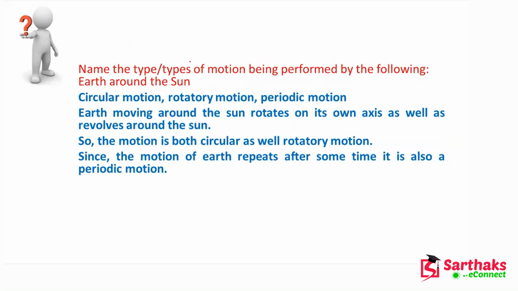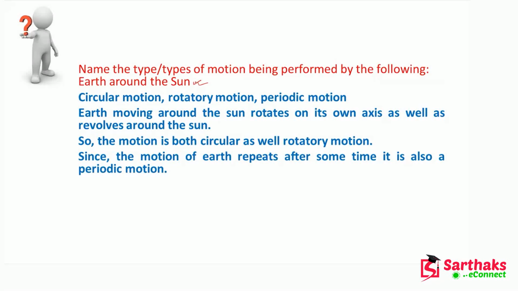Next question. Earth around the sun. Fine. Very good question. What is this? Circular motion? Yes, because the fixed point is the sun. Rotatory motion? Yes, because the earth will rotate around the sun. Periodic motion?